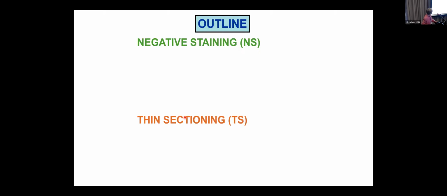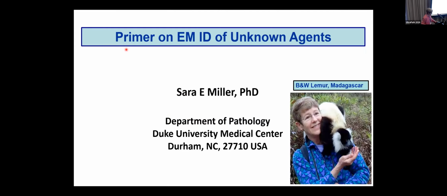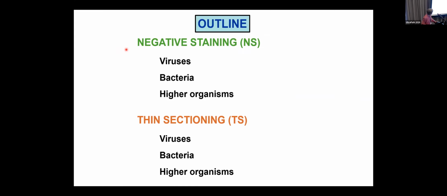So I will organize the talk starting with negative staining, and under each different category of method, I will organize it under viruses, bacteria, and higher organisms.